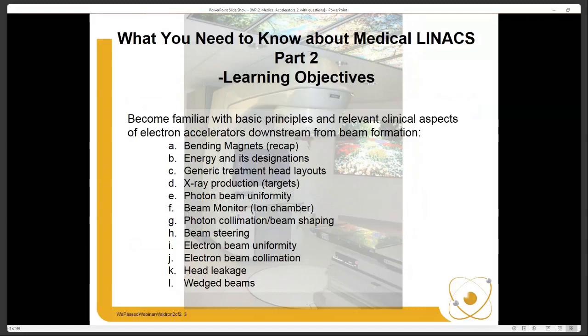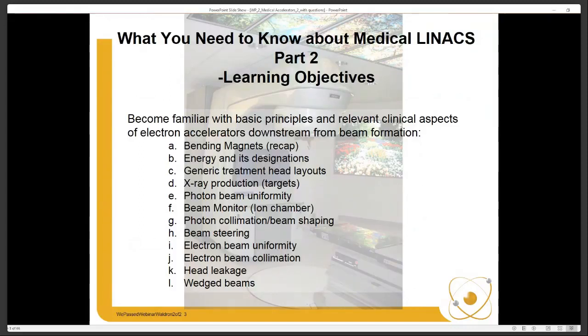Thereafter, we'll talk about some generic treatment head layouts. What does the beam encounter once it leaves the bending magnet? We'll cover X-ray production, in which, of course, the target is the important part. Photon beam uniformity and how we manage it. The beam monitor or ion chamber, which, of course, tells us how much dose we're giving eventually.